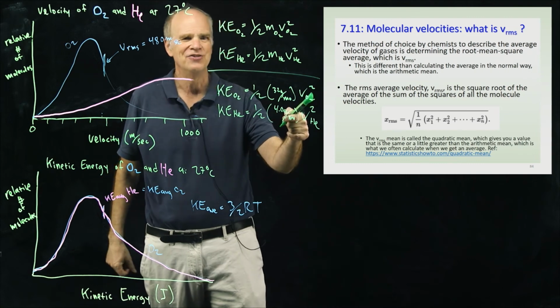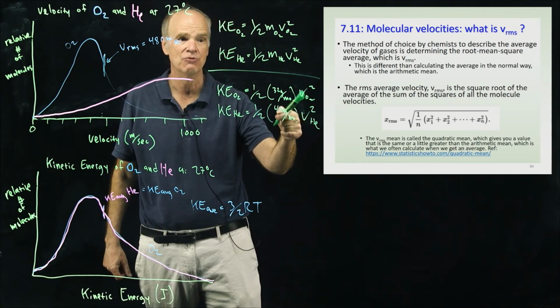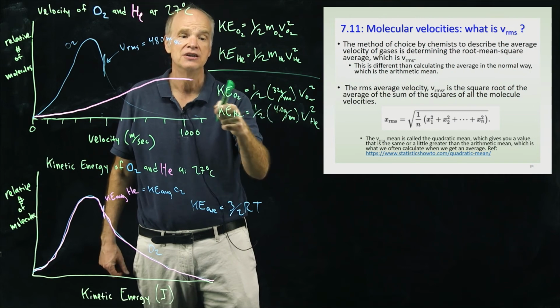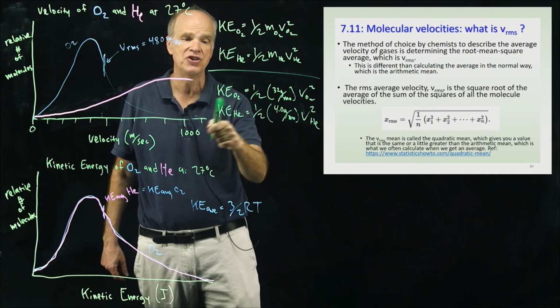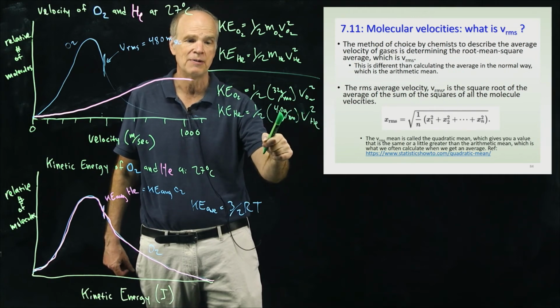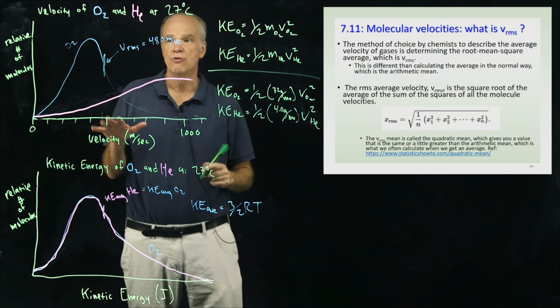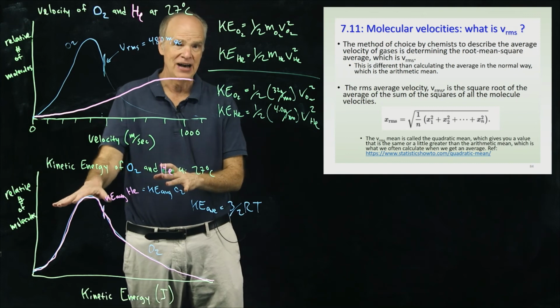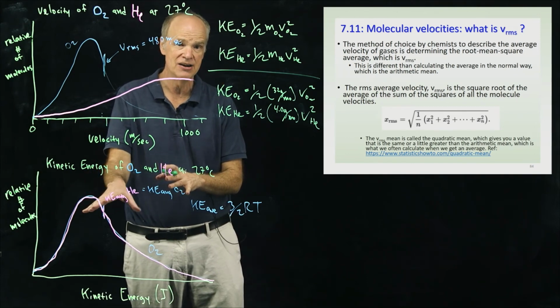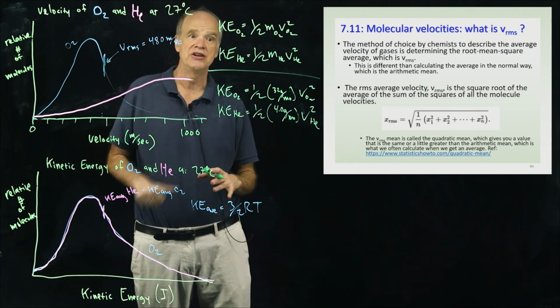Well, then the speeds of oxygen will have to be quite a bit less, that when multiplied by 32 give you a kinetic energy that matches the kinetic energy of helium molecules, which will have higher speeds that, when multiplied by 4, will give you that kinetic energy. And so that is the reason why, despite the fact that different gases have the same distribution of kinetic energies at a certain temperature, they have a different velocity distribution.